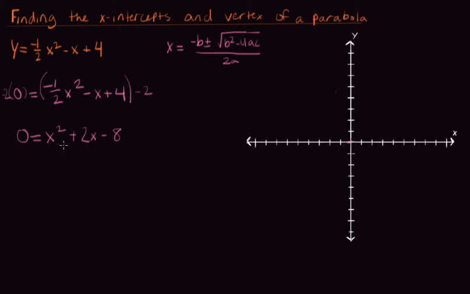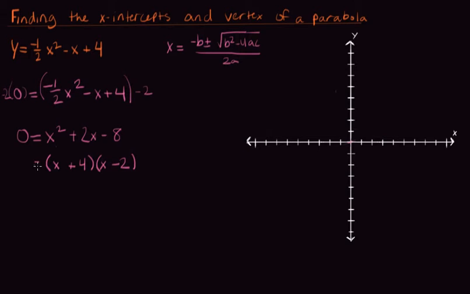Now I want to factor this. I'm going to do the opposite of FOIL, and this should be an x and an x. I want these two numbers to multiply to negative 8 and add to 2. So positive 4 and negative 2 should do that. When we add them, they're positive 2, and when we multiply, they're negative 8.